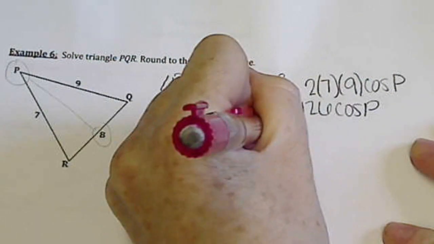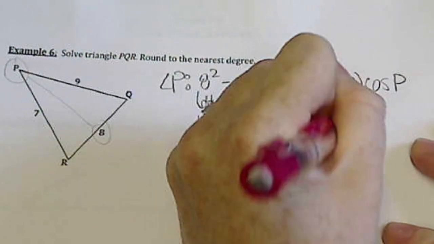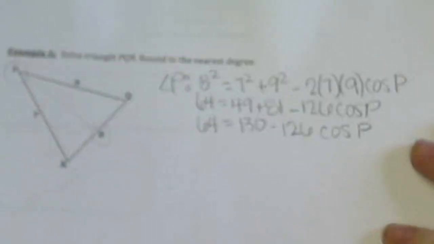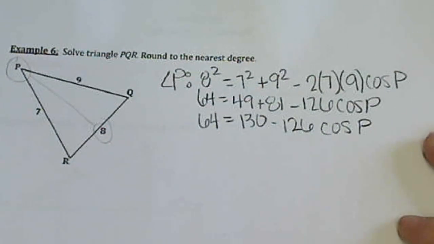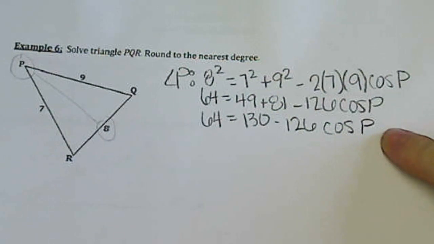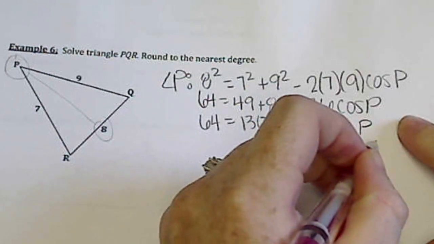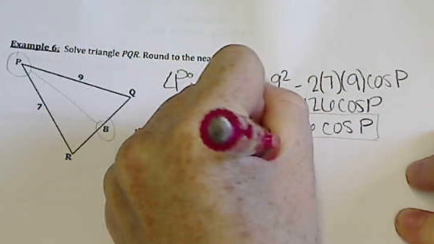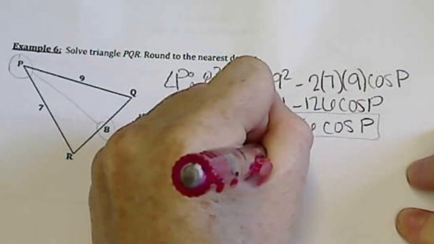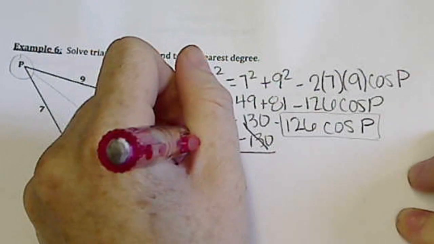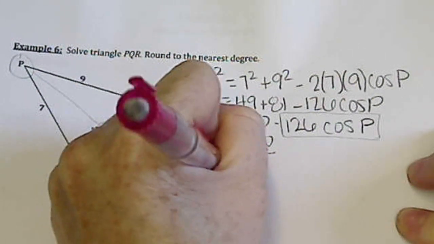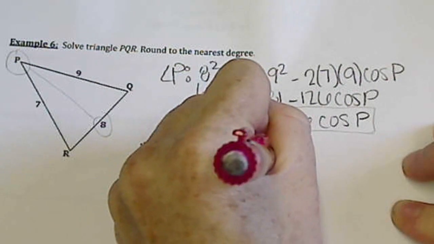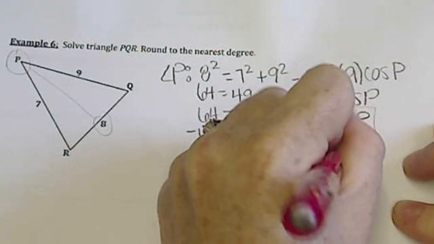So we will get 64 equals 130 minus 126 times the cosine of P. I want to get P by itself, remember, but these are attached. So let's minus 130. And I get negative 66 equals negative 126 cosine of P.